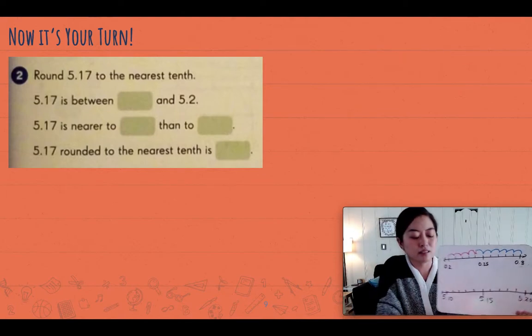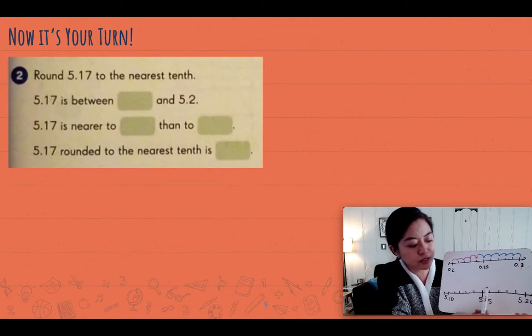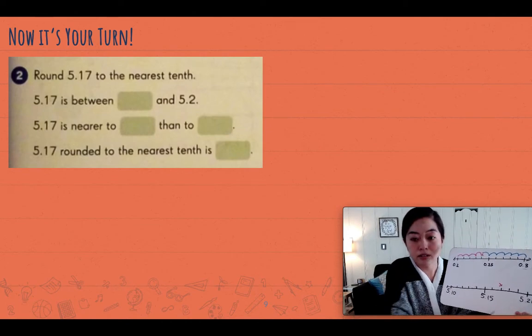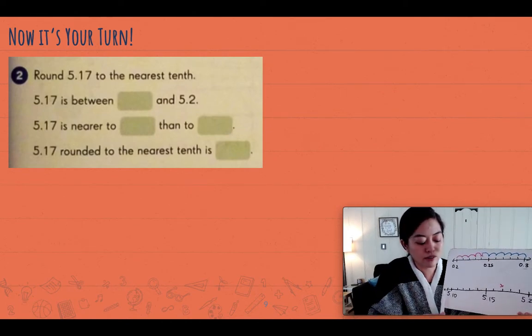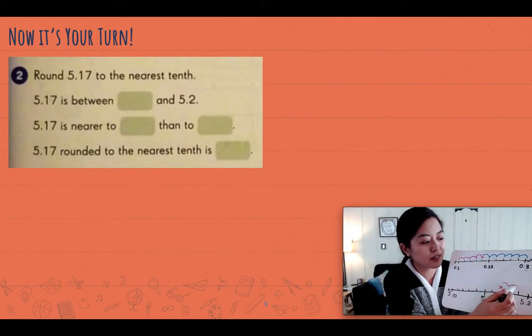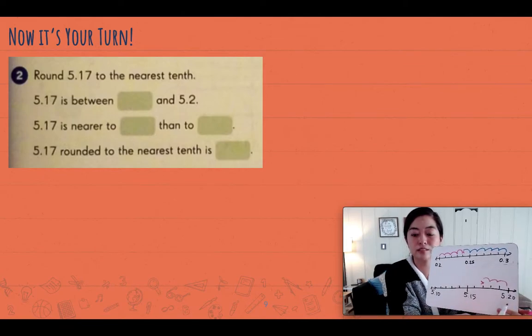Well, let's see. This is 5 and 15 hundredths, 5 and 16 hundredths, 5 and 17 hundredths belongs right here. So which end point is it closer to? 5 and 10 hundredths or 5 and 20 hundredths? I see that it's closer to 5 and 20 hundredths.